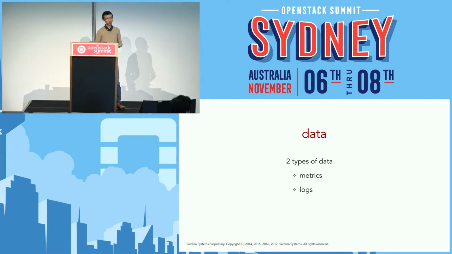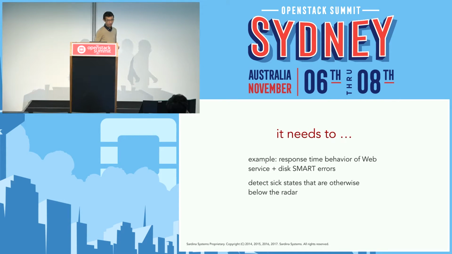So, but to drive that, we need data. What kind of data are we looking at? We've got 2 types of data, metrics data and log data. And it needs to, for example, take the response time behavior of a certain web app, certain web service, fuse it together with some smart errors from disks. And then with that, you would be able to detect 6 states that are below radar.